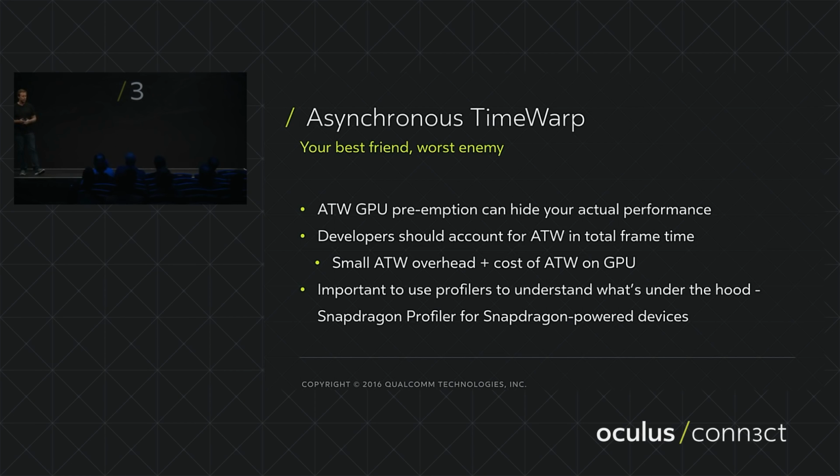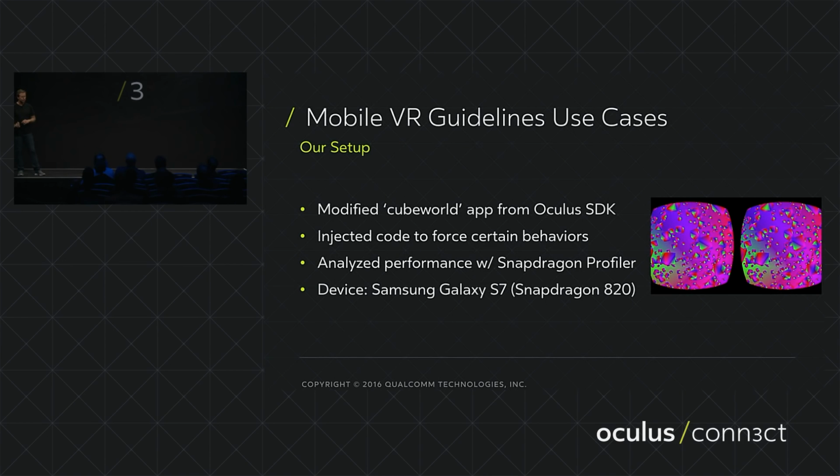Profilers, our profiler in particular, can help you understand that, so that you know how often is asynchronous time warp executing, when is it executing, how is it working with my frame, and we'll cover that. So what we did for these use cases, we took the CubeWorld application in the Oculus SDK, made different modifications for different test cases, analyzed the performance with Snapdragon Profiler, and we used the Galaxy S7, which has a Snapdragon 820 in it.